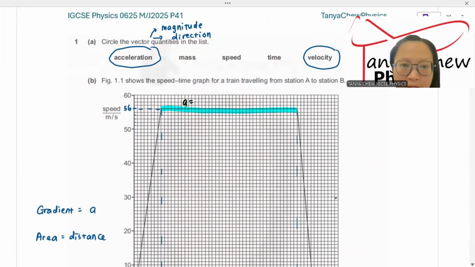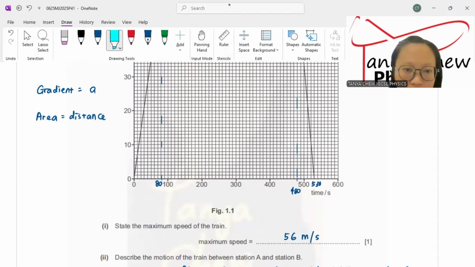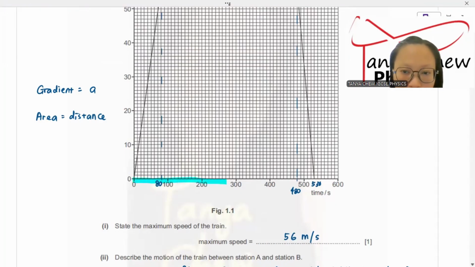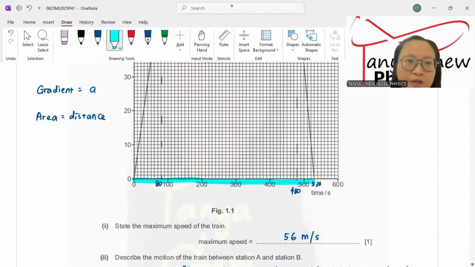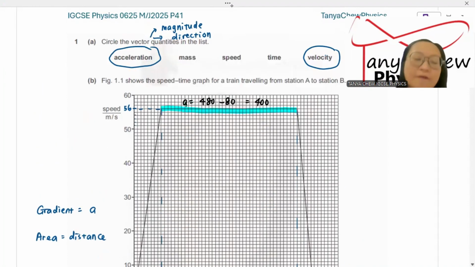So A is 480 minus 80, and you get 400 for A. For B, this is B, all the way to the end of the graph from 0 to 530. So B is equal to 530. And the height of the graph is 56.